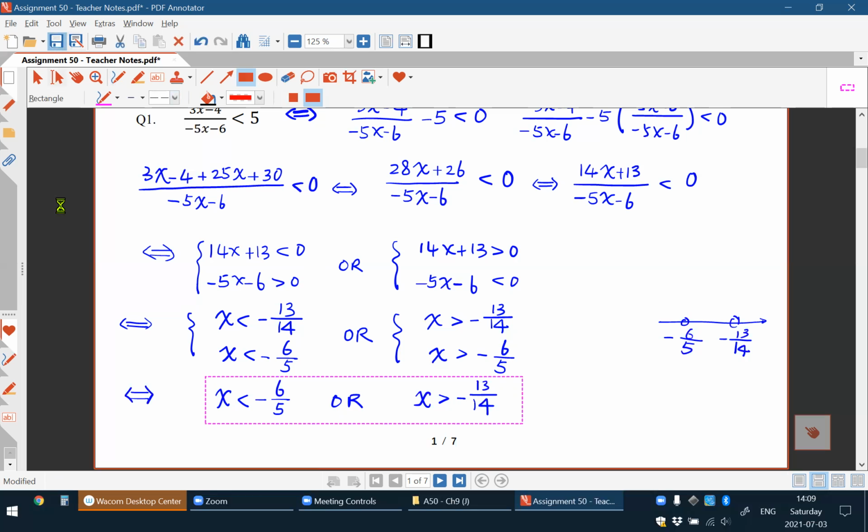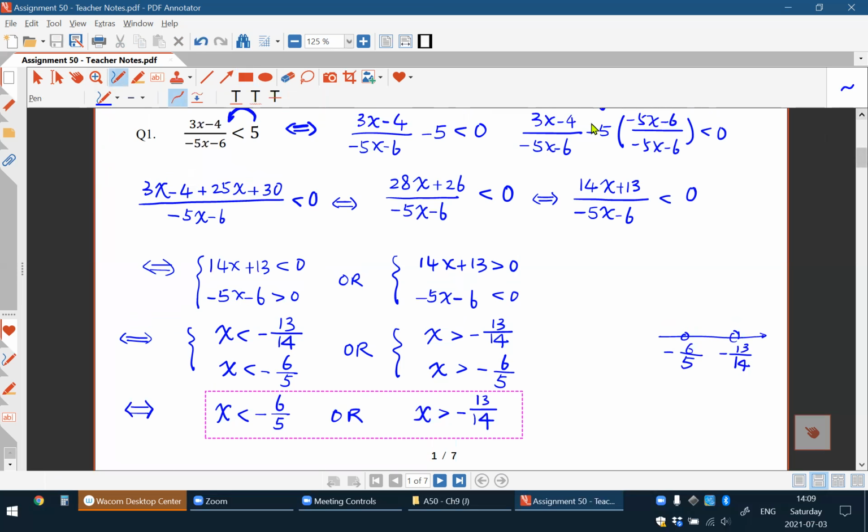Okay, any questions? This is the whole reasoning process. Okay, have a look at this. Any questions, please let me know, okay?